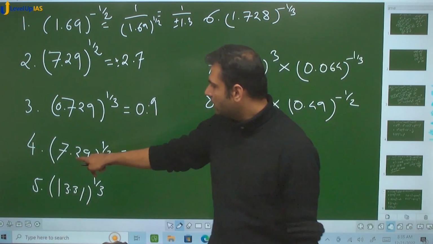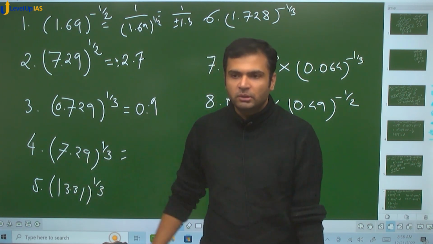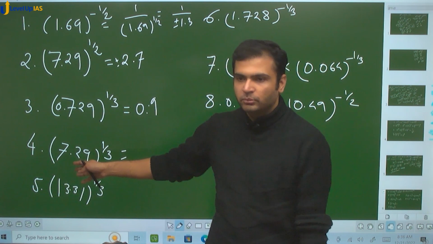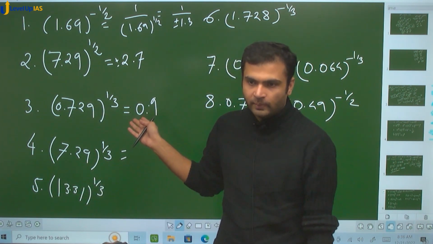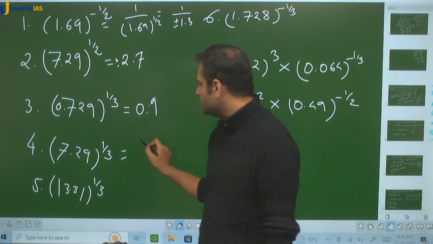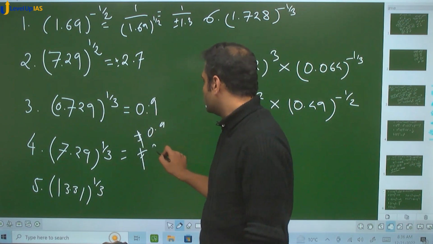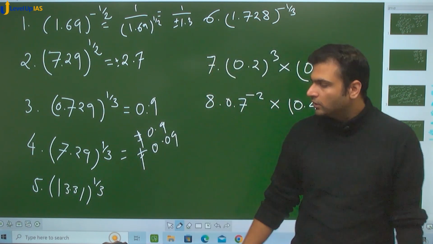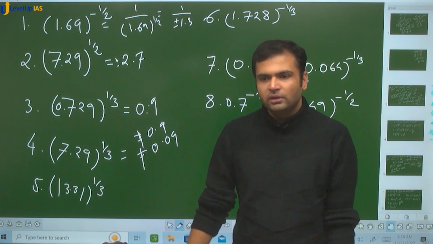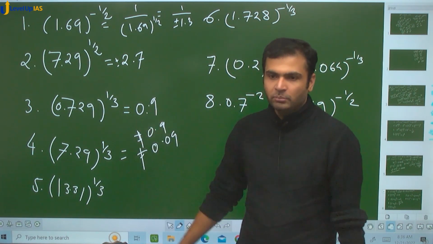So if the number of decimal points is not divisible by 3, like this one with 2 decimal points, you can't find the cube root directly, because this is neither 0.9, nor 0.09, nor any such power. The cube root of this particular number would be some very ugly number, ugly as in not very simple.